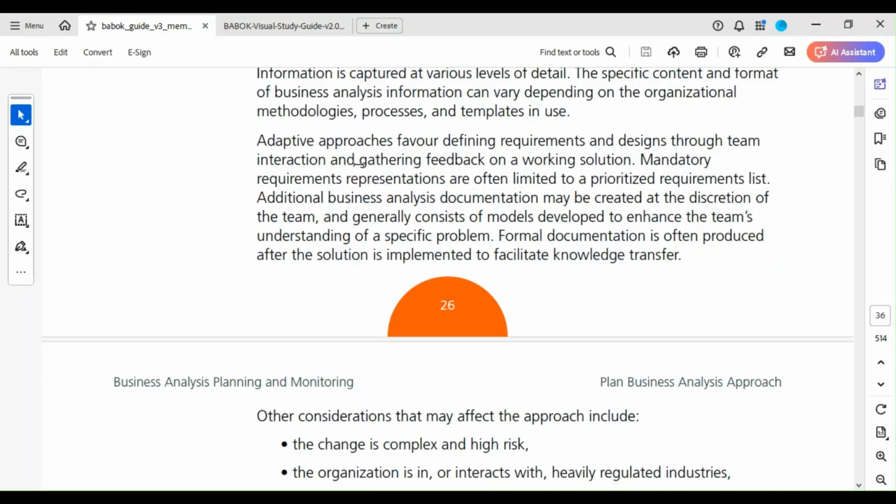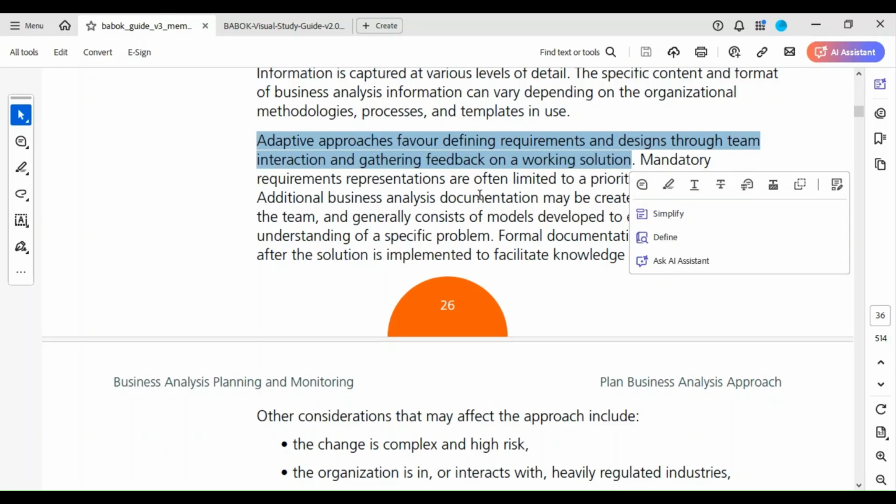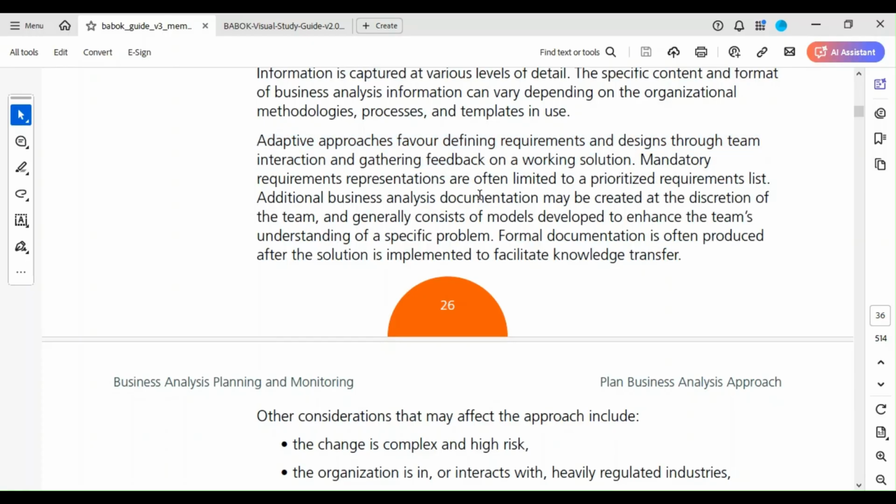Adaptive approaches favor defining requirements and design through team interaction and gathering feedback on a working solution. So, when it comes to the adaptive approach, documentation is not waiting. You gather whatever you need by constant meetings, looking at your requirements, design, and feedback.